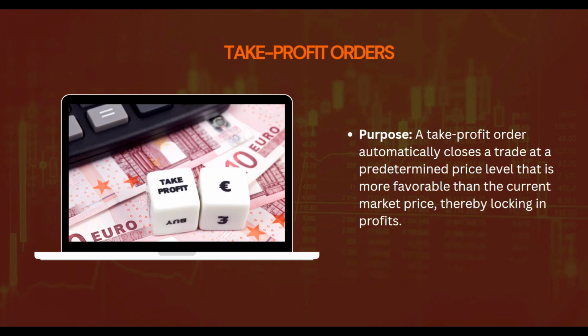Take profit orders. The purpose of a take profit order is to automatically close the trade at a predetermined price level that is more favorable than the current market price, therefore locking in the profits. So, take profits. I usually go for previous structure where there's been a big wick up, like a week high or a week low.